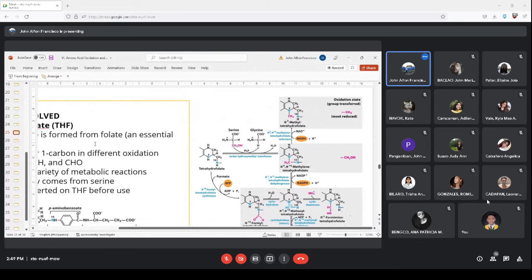You have your tetrahydrofolate, and with serine hydroxymethyltransferase you have your methylene tetrahydrofolate, and with the addition of NADH you have your CH3.